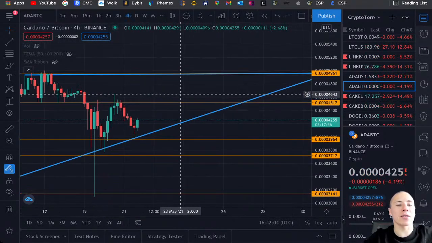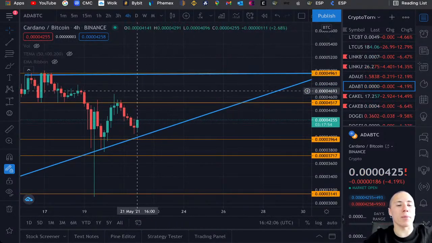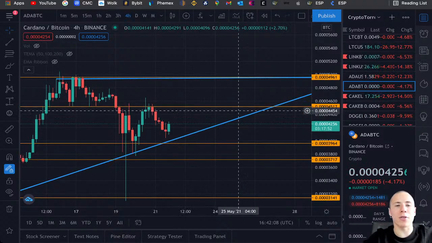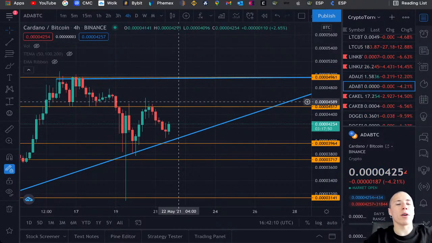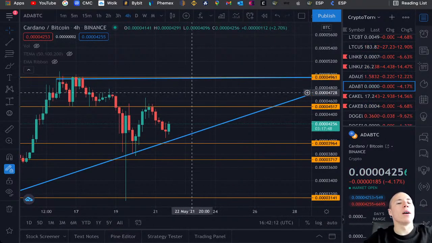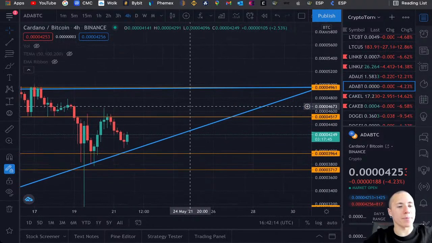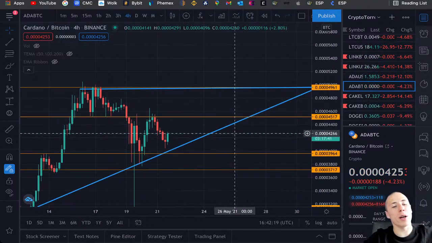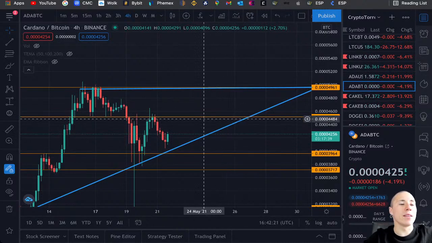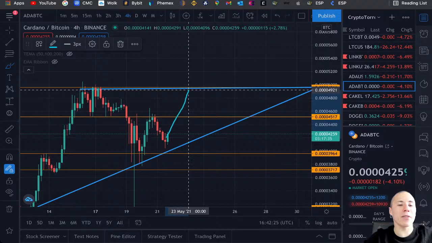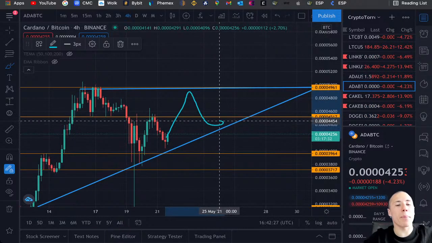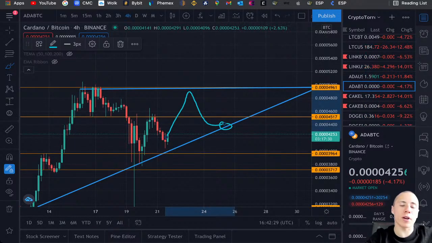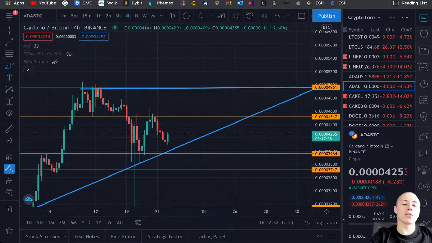And if Cardano retests this upper horizontal level of resistance, it would be great to see a rejection and finding support once again on top of the ascending support, because if Cardano does so, this would be a perfect entry point if you wanted to place a long trade.